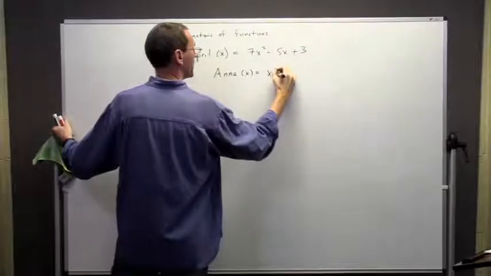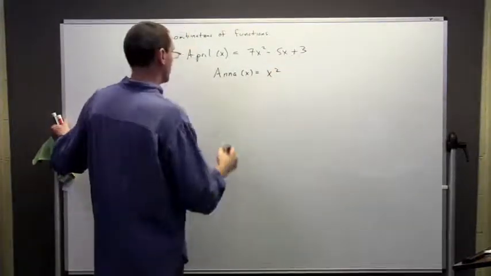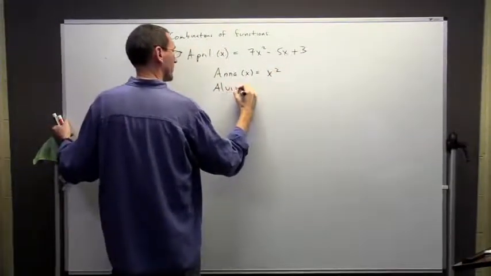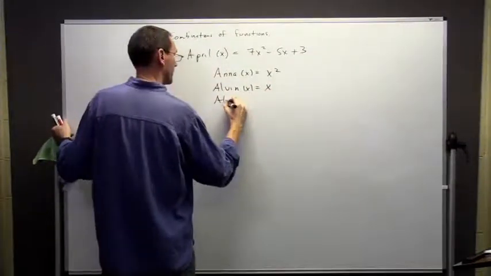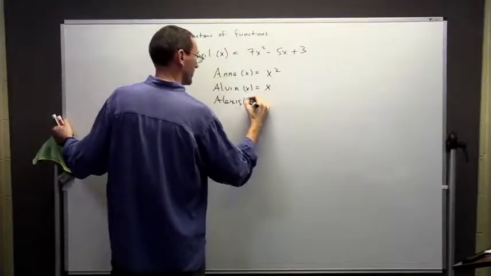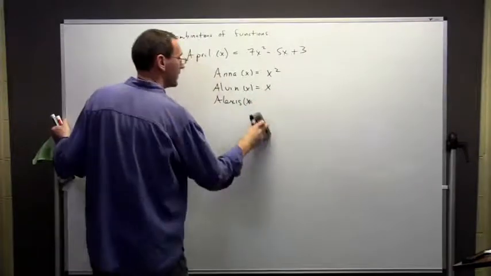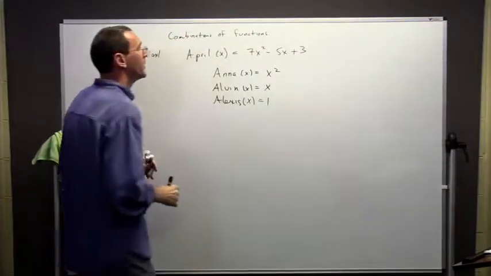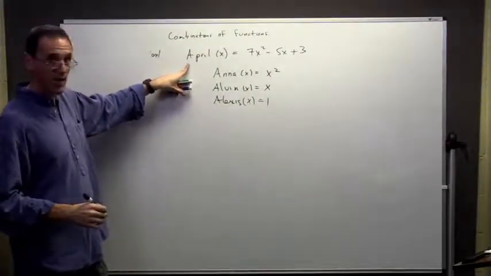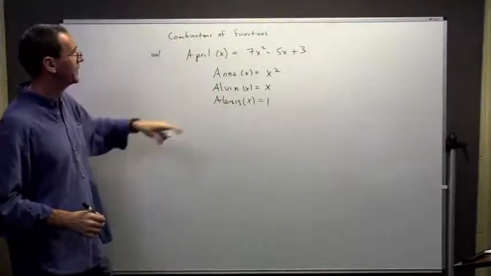If I define three new functions, then I can define this function April in terms of Anna, Alvin, and Alexis.